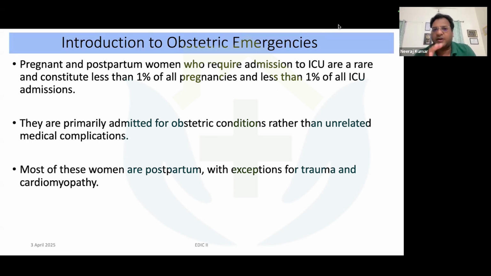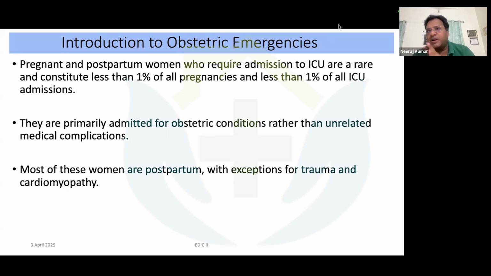Before that, I will cover various parts of obstetric emergencies. I have added trauma and pregnancy: the consequences of trauma in pregnant patients and how to manage them. Then a few aspects of hemorrhagic problems in pregnancy, especially postpartum hemorrhage.